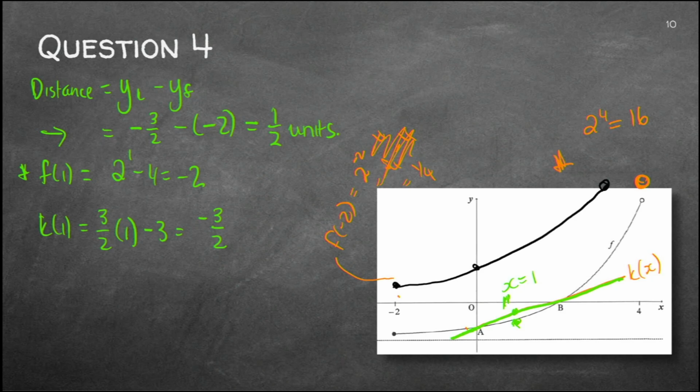Therefore, I can simply say that the range for the normal function would be from 1/4 to 16. We know if we do the inverse, it's going to be the opposite. This range will actually become its domain. So let's quickly jot that down.